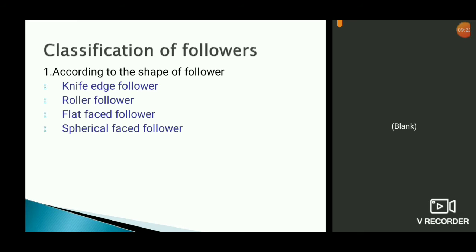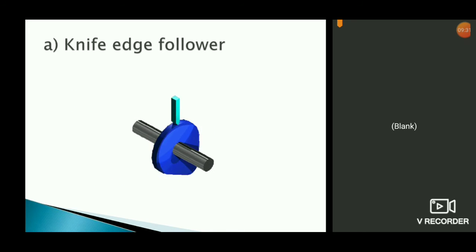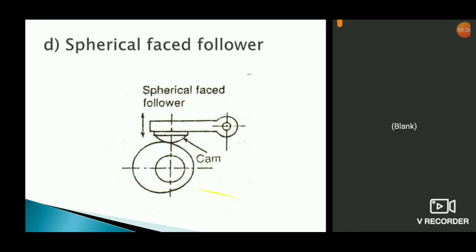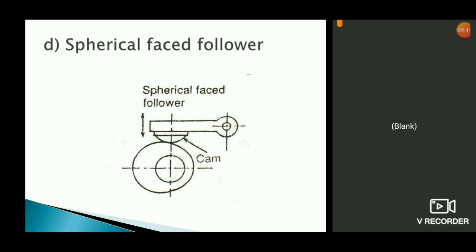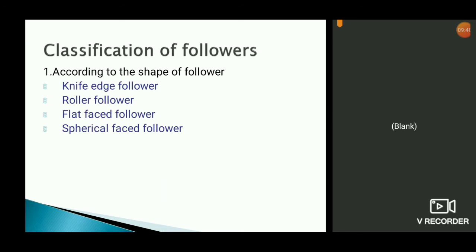Sometimes you can expect a question on flat faced follower also, but these two, knife edge and roller, are the most frequently asked questions. That type of profile you have to create. So next one is regarding the path of the motion. Again, followers can be classified into some 2-3 types.